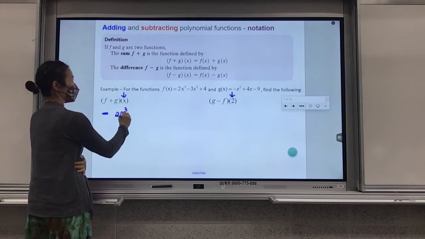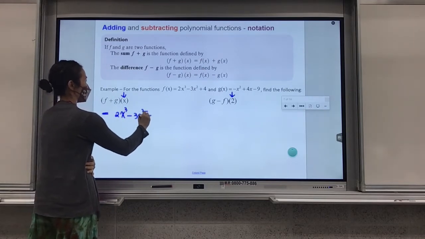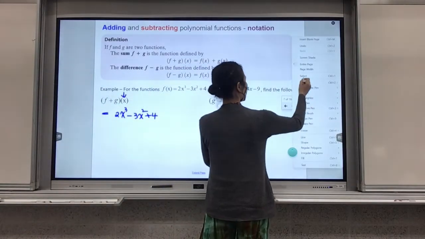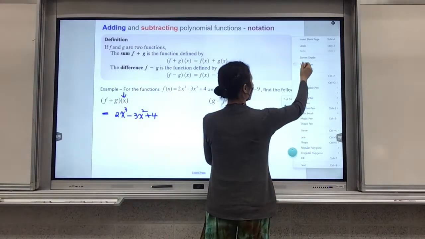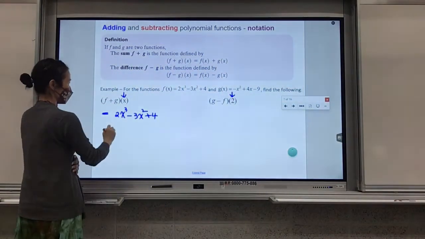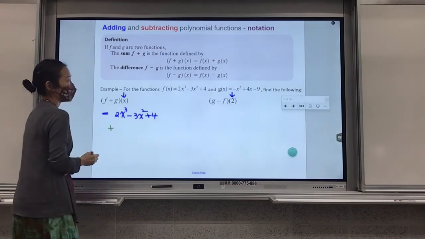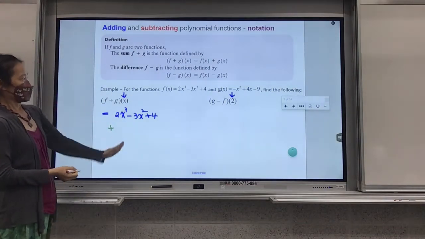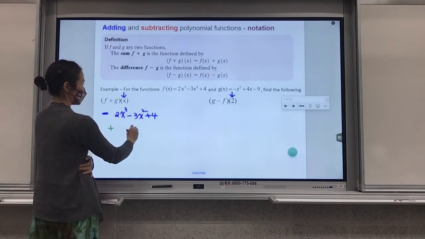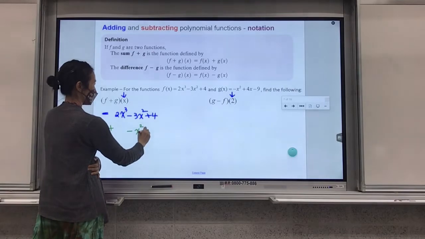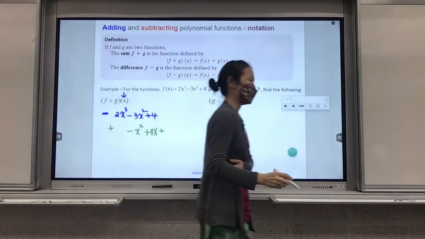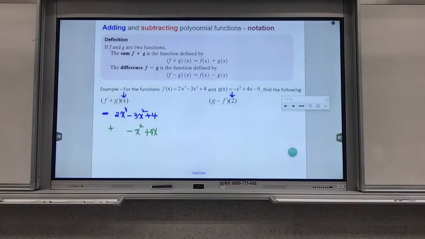2x cubed minus 3x squared plus 4, plus negative x squared plus 4x minus 9.